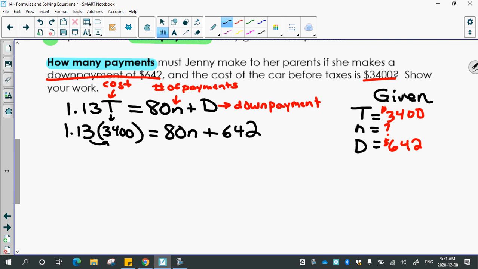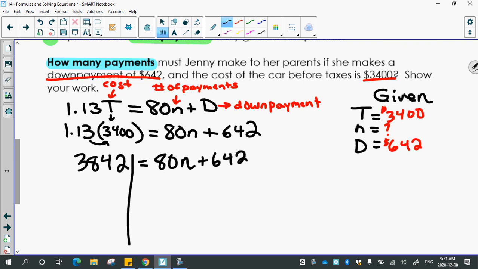So 1.13, careful when you're typing in decimals. 3,842 equals 80N plus 642. So now we've got it looking like a regular equation to solve, even though the numbers are a bit bigger. So we've got it to that level.